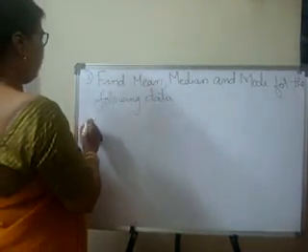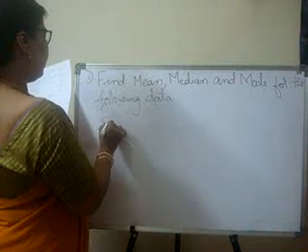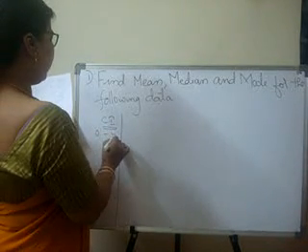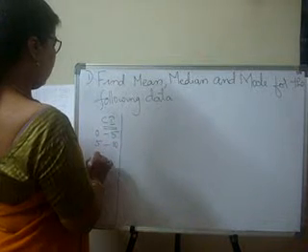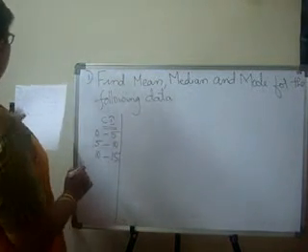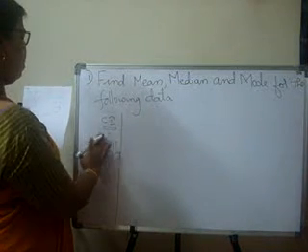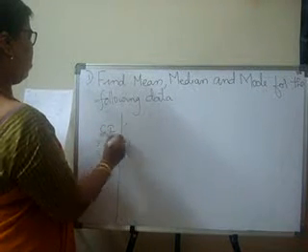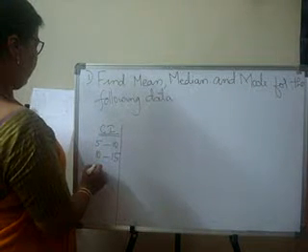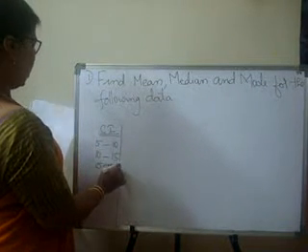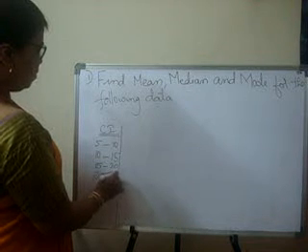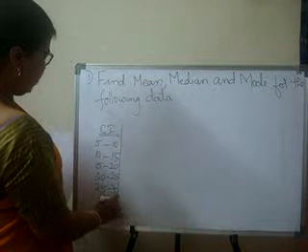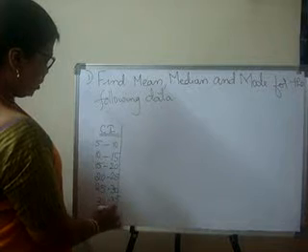The data is class interval 0 to 5, 5 to 10, 10 to 15, 15 to 20, 20 to 25, 25 to 30, 30 to 35 and 35 to 40.